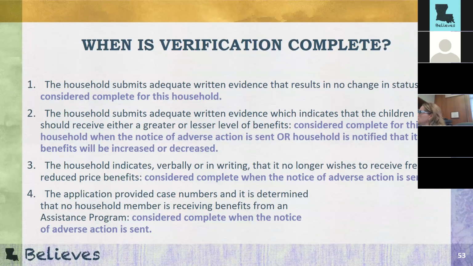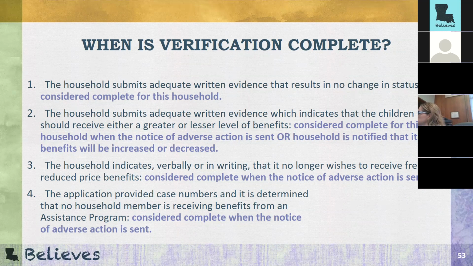Verification is considered complete when the household submits adequate written evidence that results in no change in status. Or the household submits adequate written evidence that indicates that the children should receive either a greater or lesser level of benefits.